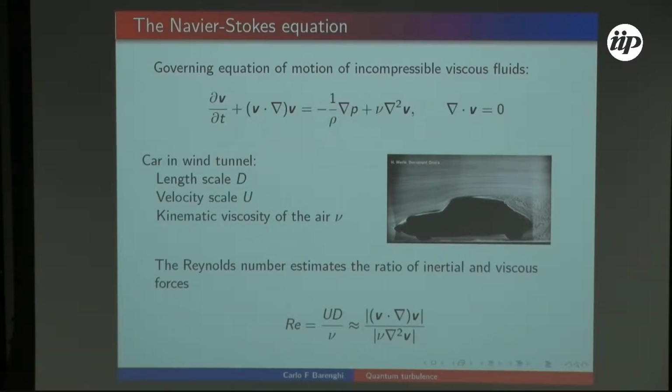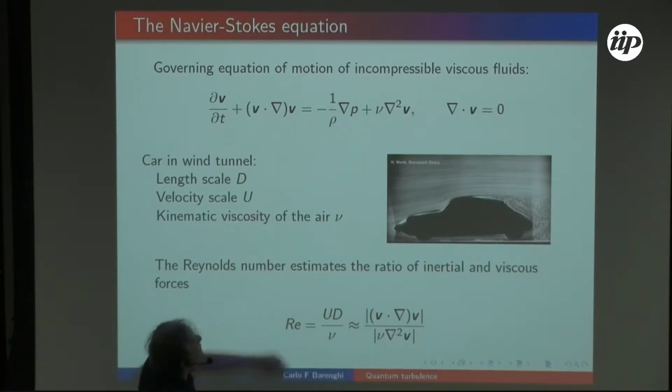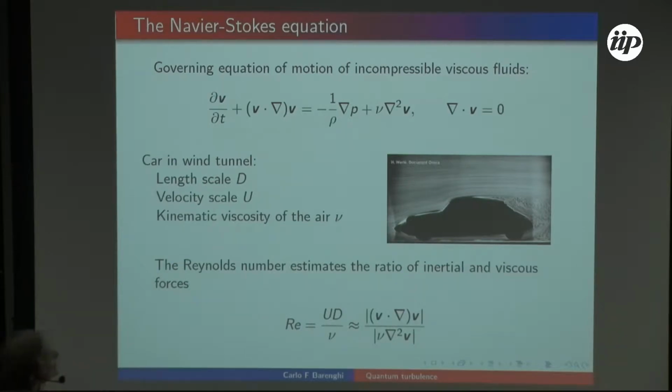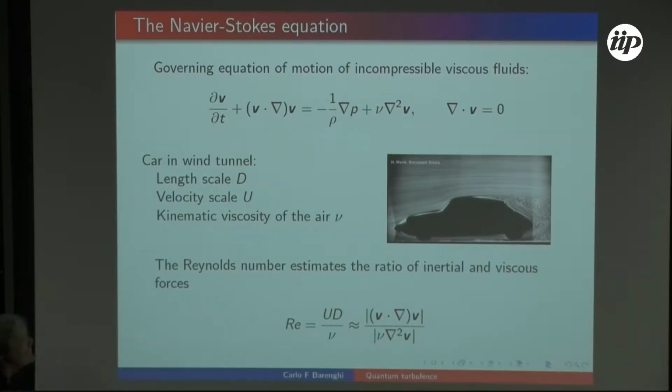So imagine you're interested in some fancy modern car, moving along the motorway at speed u, the size of the car is d. So the solution which you can get, the flow pattern, depends on this combination discovered by Reynolds: the scale of the velocity times the scale of the car divided by the kinematic viscosity of the fluid, which is the viscosity divided by the density.